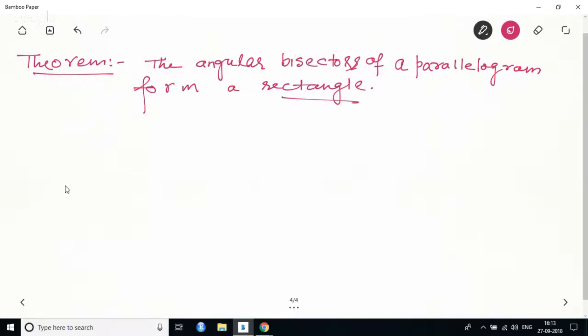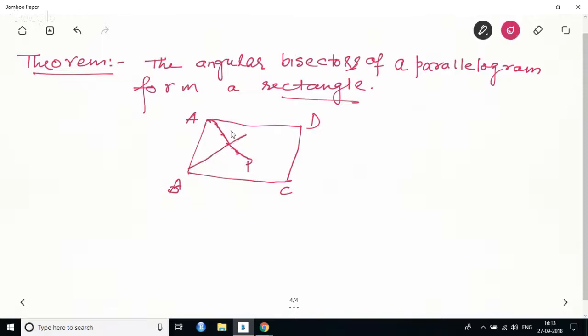So look at here, what I'm trying to do is that I'm drawing a parallelogram for you. This is A, this is B, this is C, this is D. Now these are the angular bisectors. So let me draw a line. So this is A. So suppose AP.